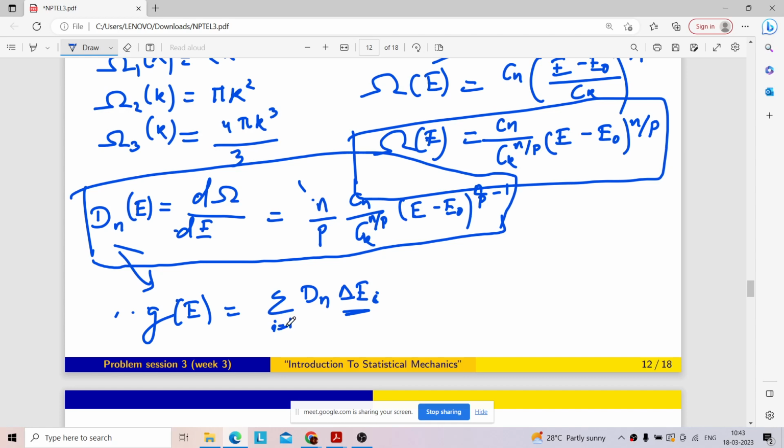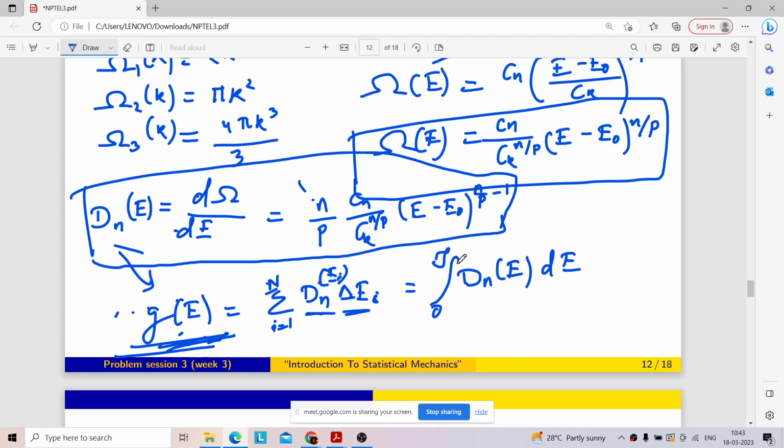I'll take the summation from 1 to the total number of particles. That means I am trying to calculate the total density of states, and dn is the density of state for a particular energy state Ei. Then I'll calculate the total number density of states. Then this is the form. For the continuous or classical limit, I can take this summation as an integration, the integral of dn of E dE, going from 0 to infinity.